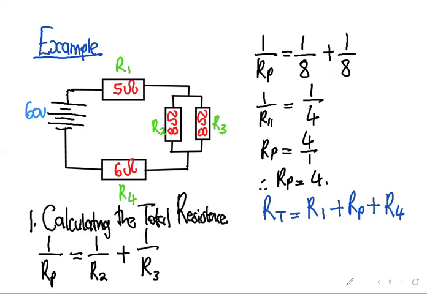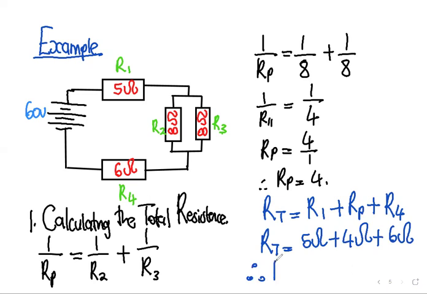Now as we are continuing, R total is equal to R1, which is 5 ohms, plus the R parallel combination, which is 4 ohms, plus the fourth resistor, which is 6 ohms.